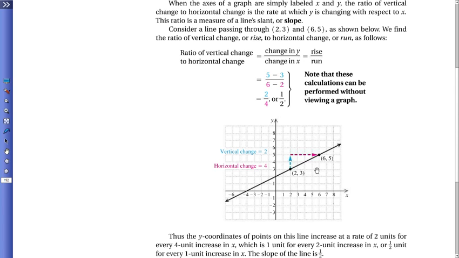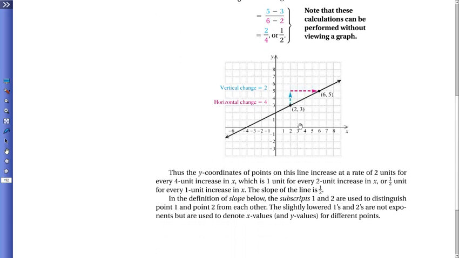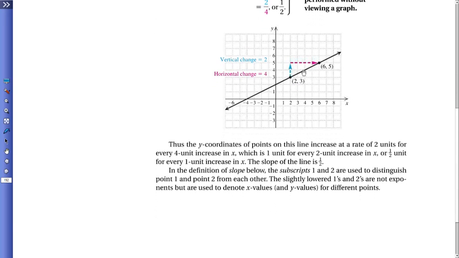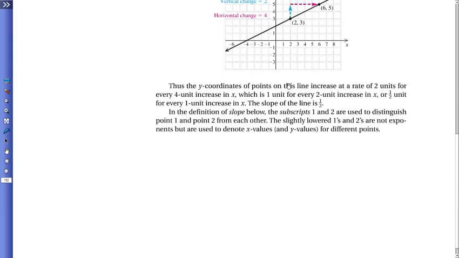If I take this vertical change number minus this vertical change number, I got to make sure I do it in the same order with my horizontal change numbers, my x coordinates. So you have to be careful. One of the reasons I don't like subtraction, but in this case we need to look at the differences to get that change that occurs.